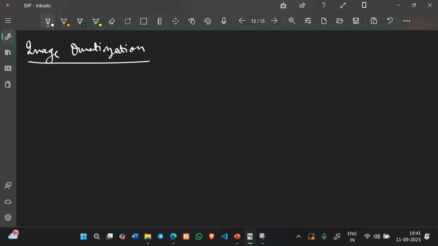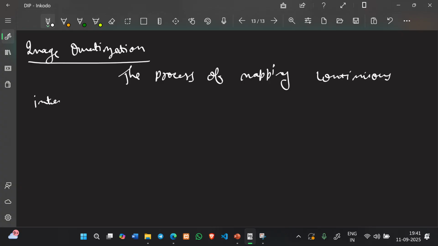It is the process of mapping your continuous intensity values into discrete gray levels.